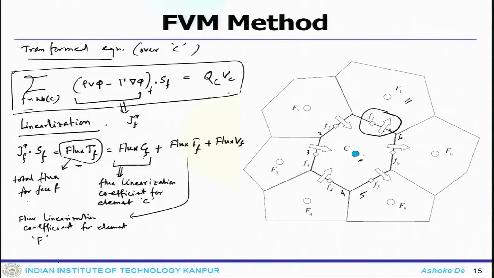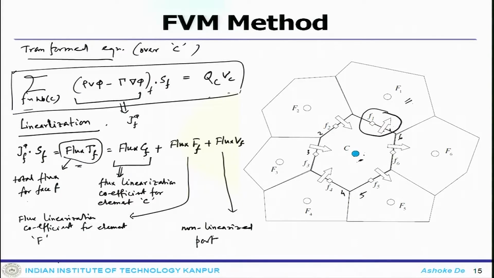So, one coefficient comes from this, another coefficient comes from element F, and then you have a component which is called the non-linearized part.